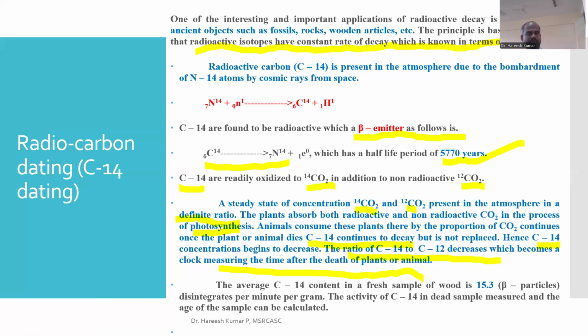When the plant or the living being dies, then C14 starts disintegrating. Based on the C14 disintegration and its half-life, the age of the plant or of the archaeological idols and the time of death can be found out.